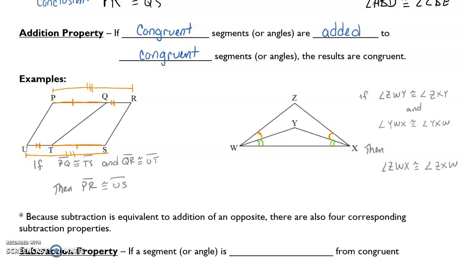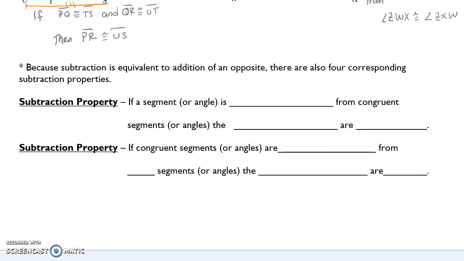If small angle plus small angle, these two small angles are congruent, these two small angles are congruent, small plus small, I'm making it bigger, then this entire angle measure is going to be congruent to this entire angle measure.